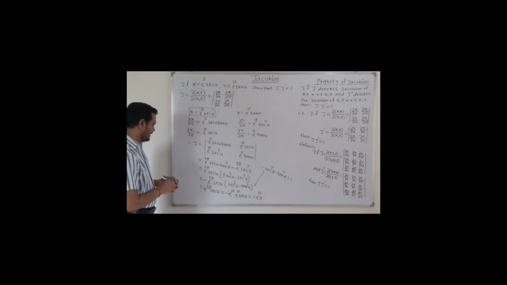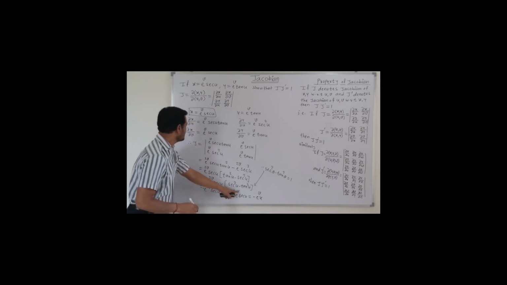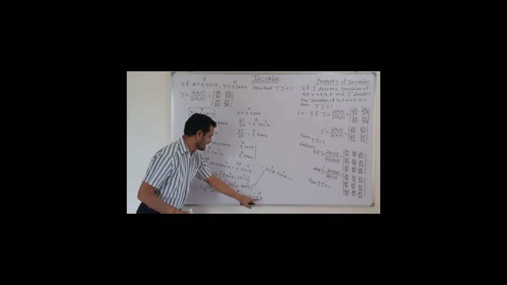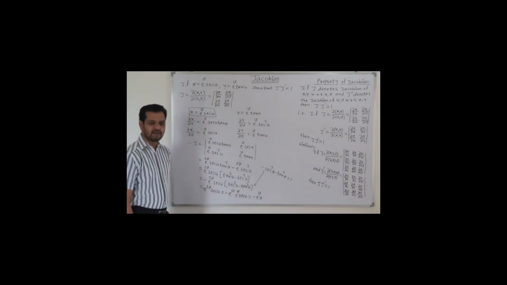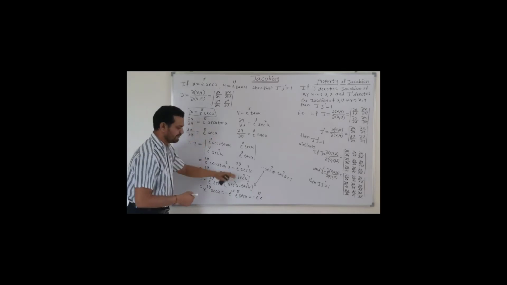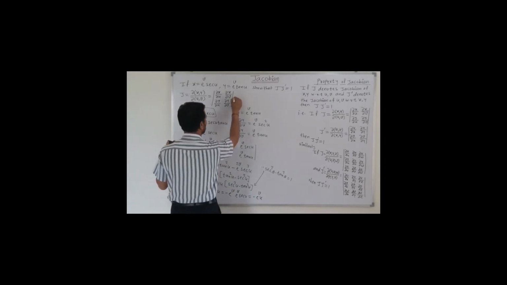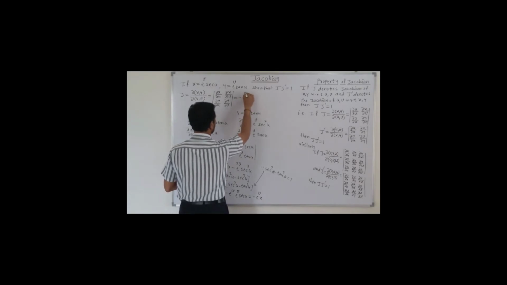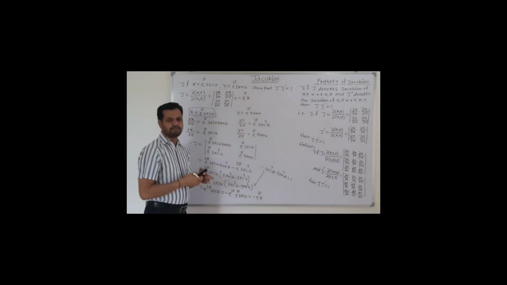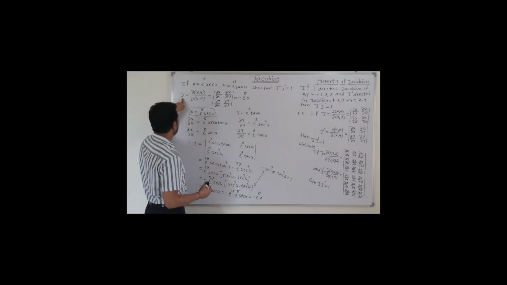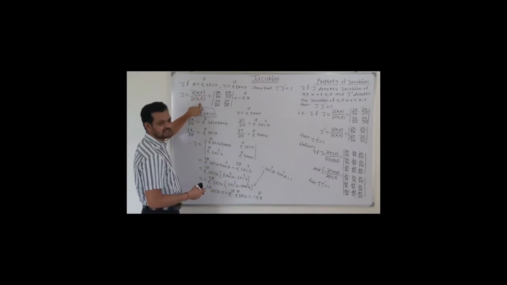So e raised to v times sec of u is x. So we get this as minus e raised to v into x. So this is the value of the Jacobian. For simplicity, we write J is equal to minus e raised to v into x. Now this is the value of the Jacobian of xy with respect to uv.